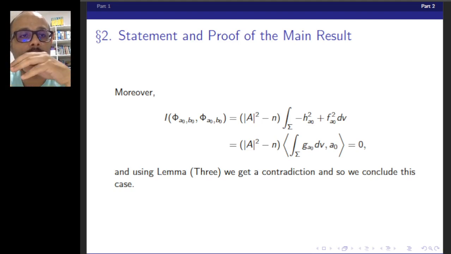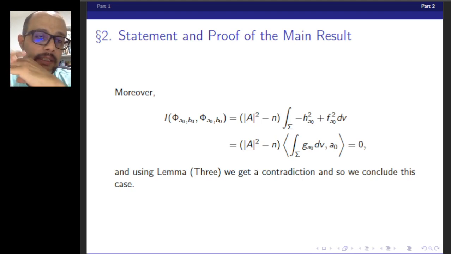But the Clifford torus has index equal to 1. Sorry, sigma hat has index different from 2. Okay? So, in this situation, we get a contradiction.